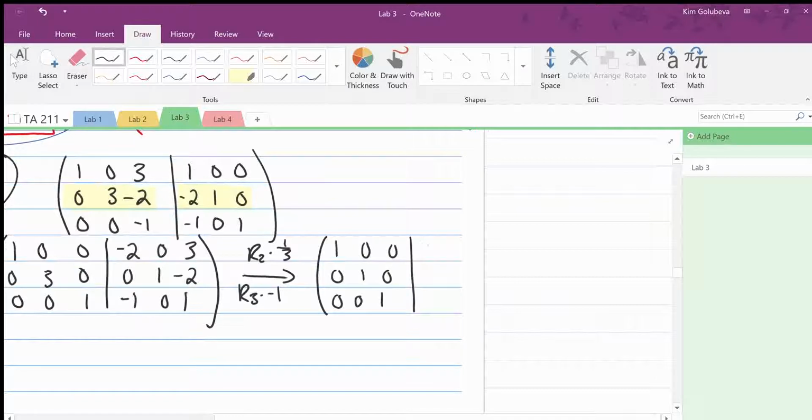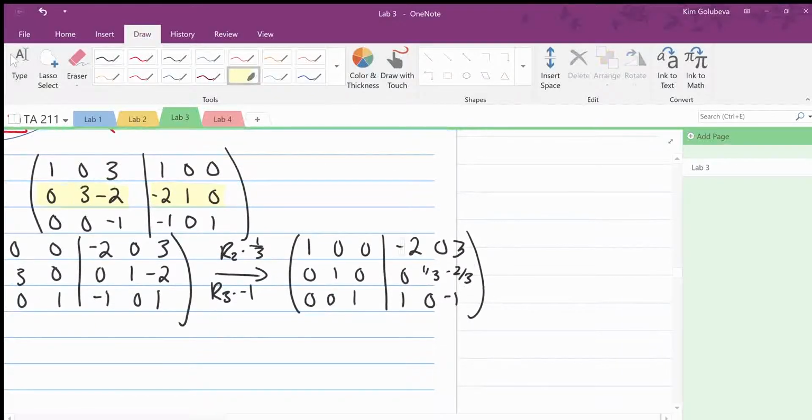And on this side, I'll end up with this. Oh, sorry, not this. I need to divide by 3 and multiply by negative 1. So this right here is my A inverse and my I.